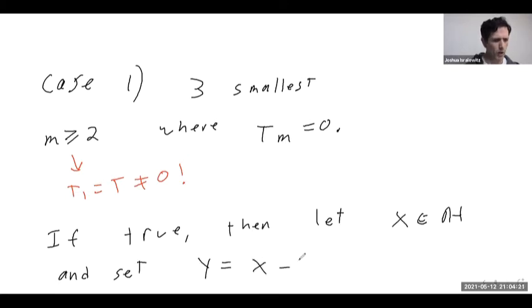So let's say y is basically the projection of x onto the orthogonal complement of M_{m-1}. So that is just going to be x minus this sum here, the sum of (x, g_j) g_j.